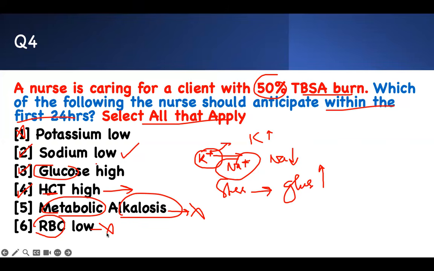Concentrated. So this is not happening. So your potassium, like I said, is high. Sodium is low. Glucose is high. Hematocrit is high. You get metabolic acidosis, and RBC is concentrated. It's called hemoconcentration. So this is related to that. So 2, 3, and 4 are your right answers. So in this situation, that's the answer.